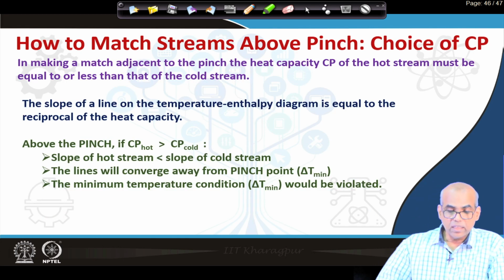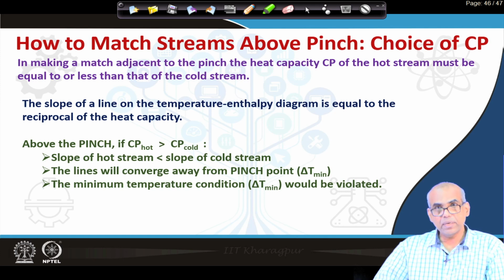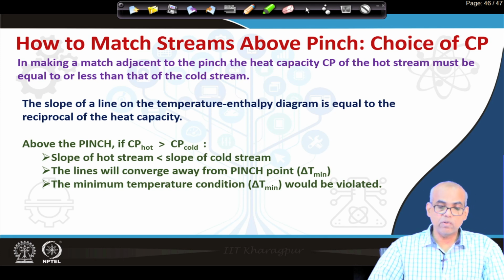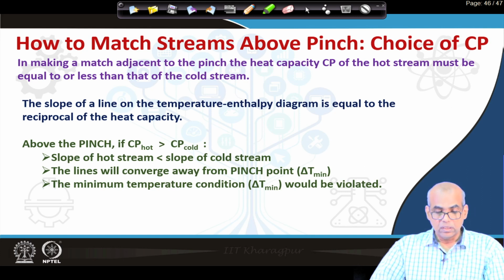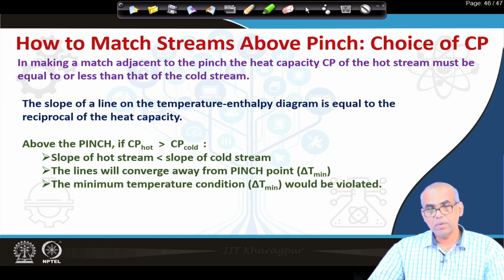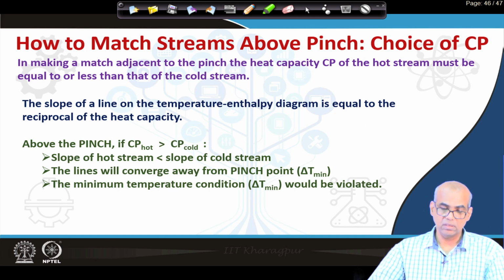We know that the slope of a line on the temperature enthalpy diagram is equal to the reciprocal of the Cp value. So, above the pinch, if the Cp value of the hot stream is greater than the Cp value of a cold stream, it means that the slope of the hot stream is less than the slope of the cold stream, because the slope is 1 by Cp.